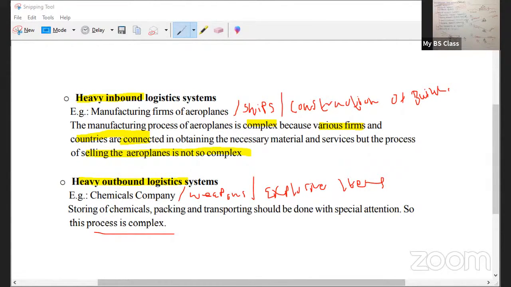It takes a lot of cost and procedures that you will have to follow.